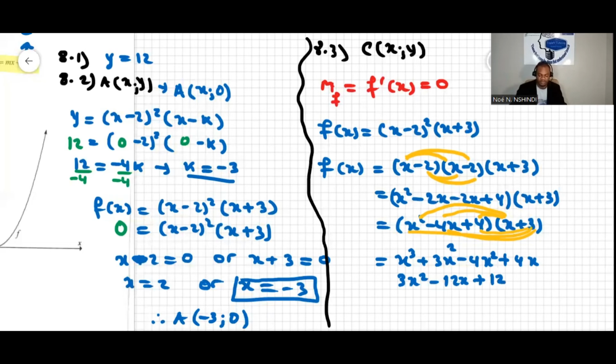Now let's see if we can combine. Let's first double check. We did x times that makes x cubed.